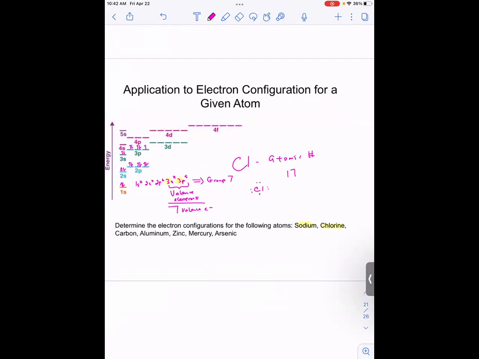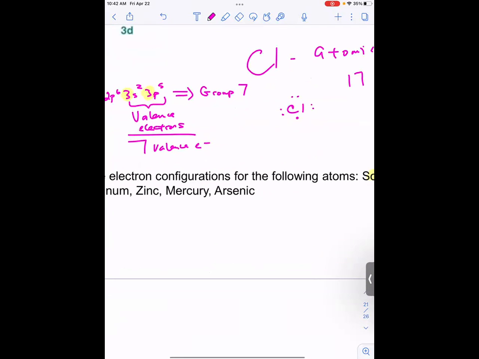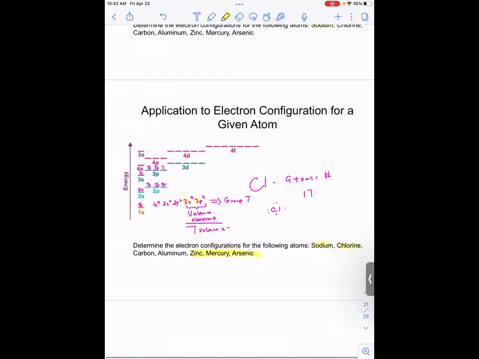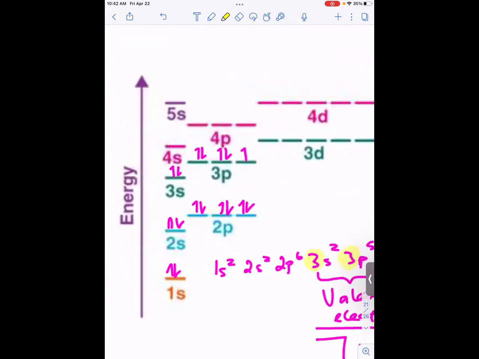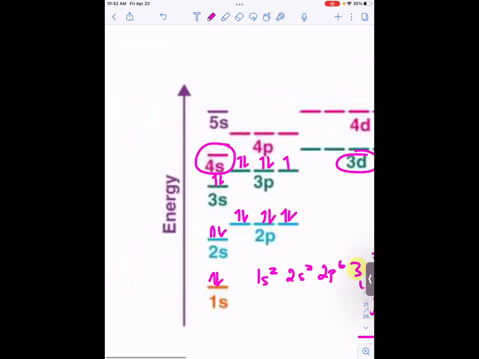All right, let's do carbon and aluminum, and then we'll finish up there. And I want you to try these on your own: zinc, mercury, arsenic. And remember, when you get past 3p, the next available orbital is 4s before you go to 3d, right?